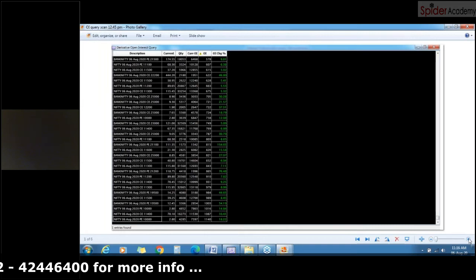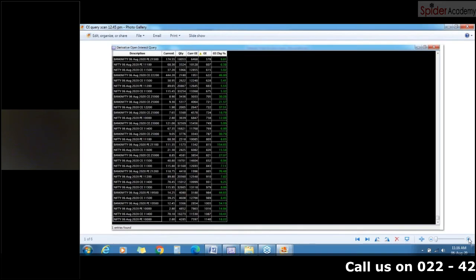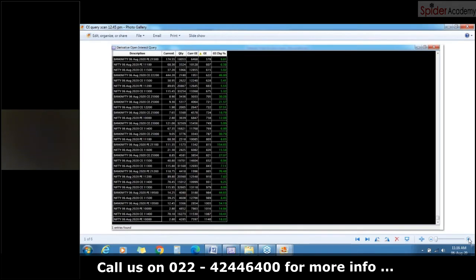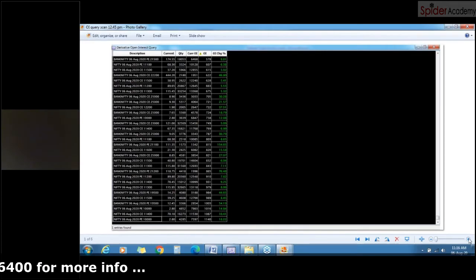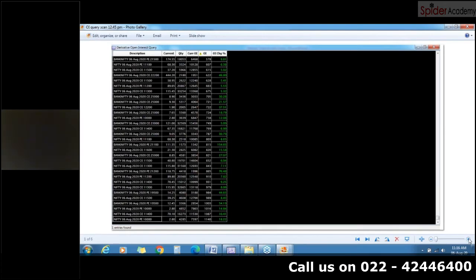So we will look for strike prices near the 170 strike price only, from when we got the confirmation on our intraday time frame. So as you can see here at 12:45, the prices closed at around 11,240.